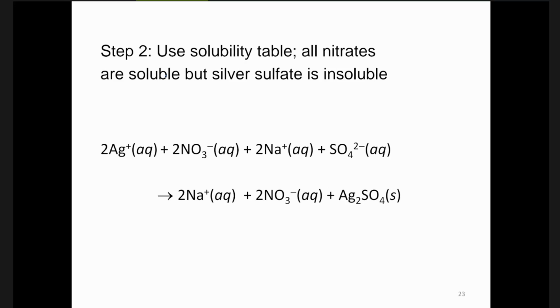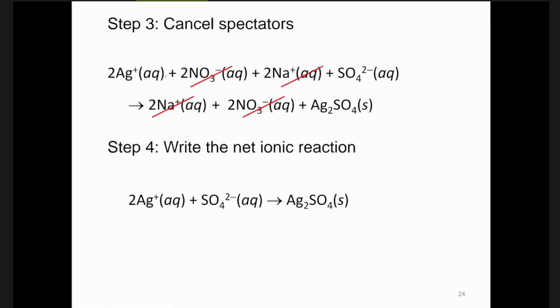Now we split the equation using the strong electrolytes and divide into the cations and anions, and the silver sulfate, because it's insoluble, we keep in molecular formula form. Then we cancel the spectators. So here the spectators are nitrate and sodium. So finally, you write the net ionic reaction: silver sulfate becomes silver sulfate precipitate. Okay, so it's quite simple.